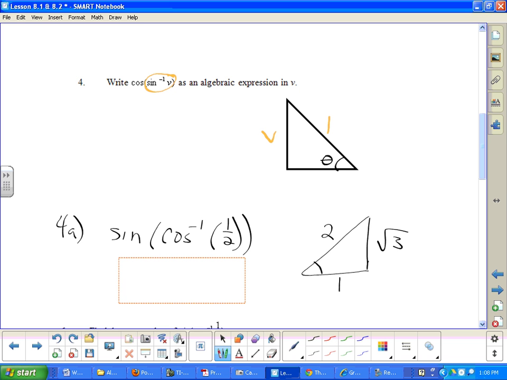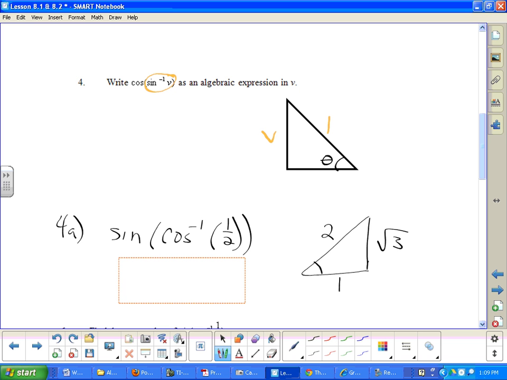Now, here's the thing. Whenever we have values that are not on our unit circle, a place where we can actually find them, then we have to use triangles to do it. We understand that sine is opposite over hypotenuse, cosine is adjacent over hypotenuse, and tangent is opposite over adjacent.